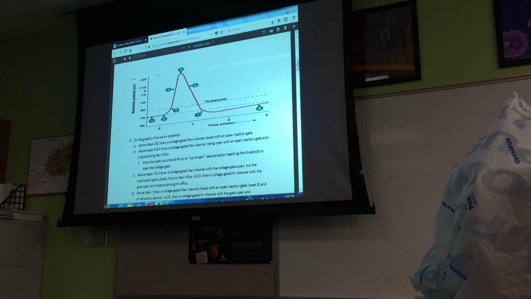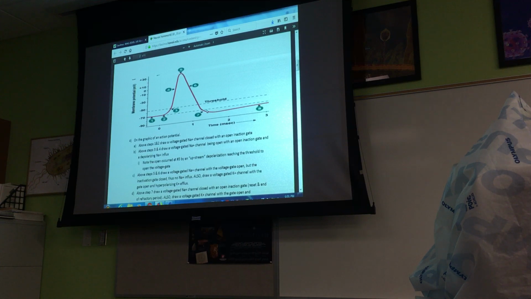Then potassium channels open and let potassium flood out to counteract the positive charges that came in. Positive charges are now leaving, and it drops back down below resting potential.